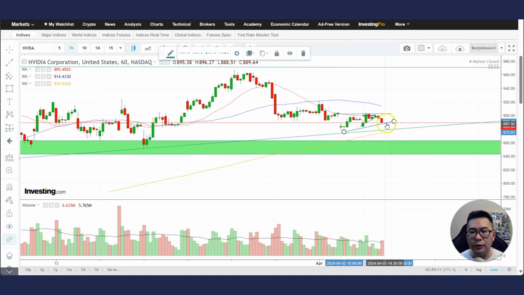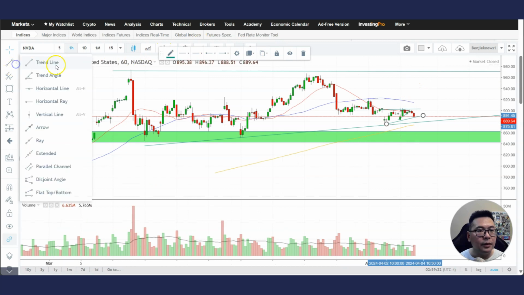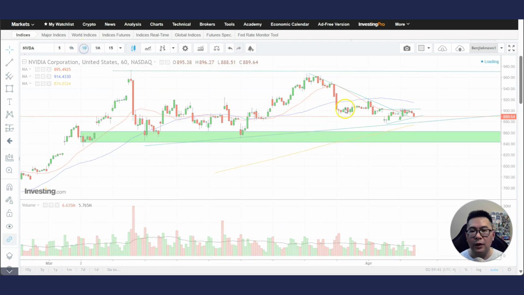If it drops below this uptrend line, you might meet the 200 MA in the 60-minute chart. If it breaks out above here, then we might see a rise. But what is important for us is to see it trying to break above a 60-minute downtrend line, which shows some strength. There's support here at the 200 MA and a support here in the price level as well, and it's an area which you want to look at.